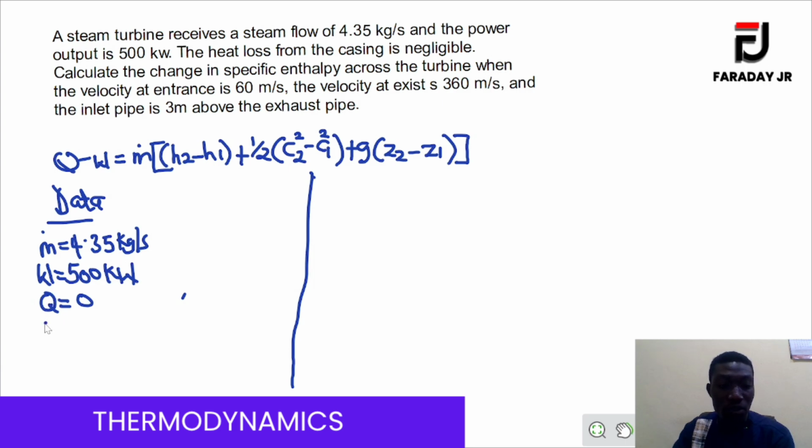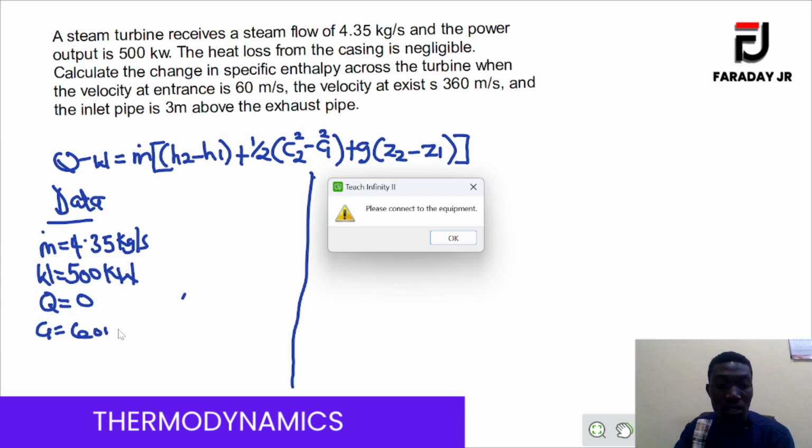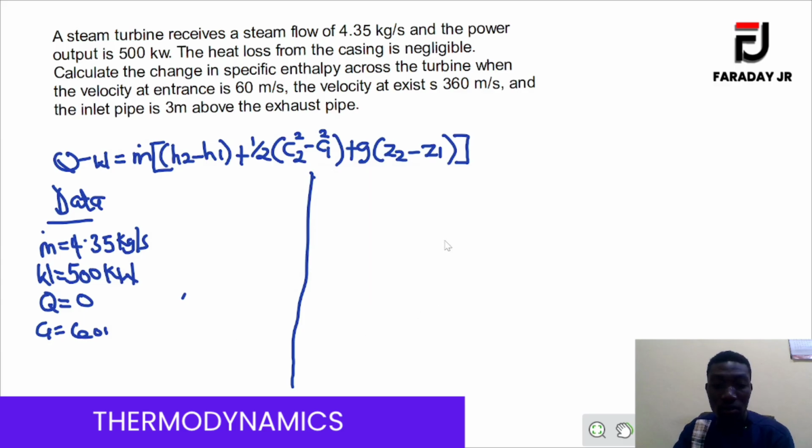We normally use C to represent velocity, so we have C1 equal to 60 meters per second. Then C2 is equal to 360 meters per second. The inlet height is Z1, which is equal to 3 m.